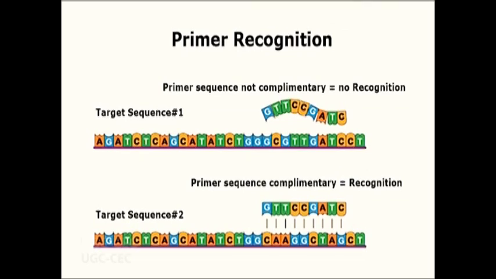DNA primers, that are short pieces of DNA that are complementary to the strand which is to be sequenced and radioactively labeled at the 5' end, are added.